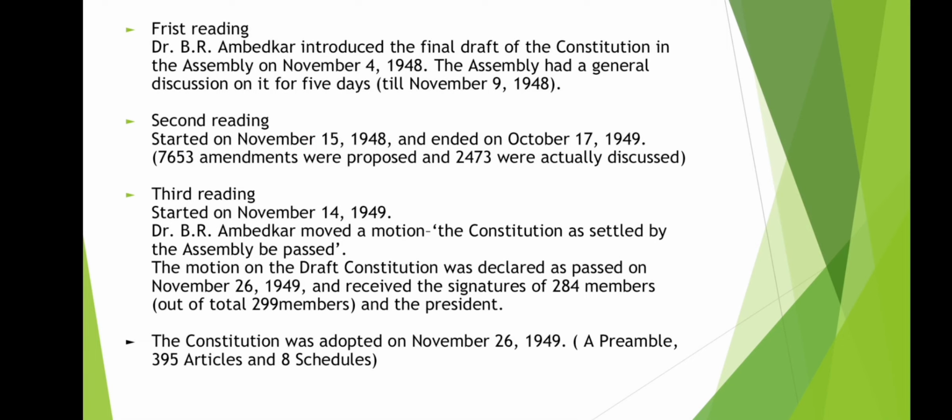This is the name of the motion, and the motion on the draft constitution was declared as passed on the 26th November 1949 and received the signatures of 284 members out of 299 members and the president. Clear? The constitution was adopted on 26th November 1949 with a preamble, 8 schedules and 395 articles.